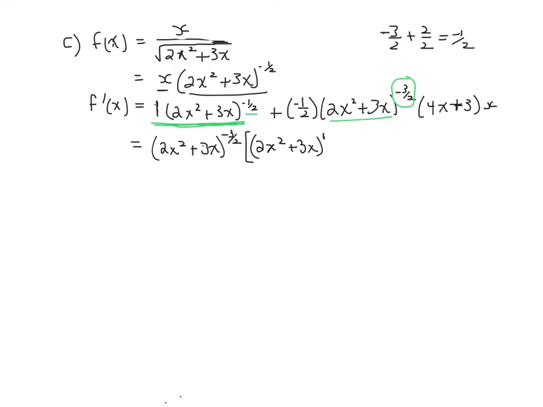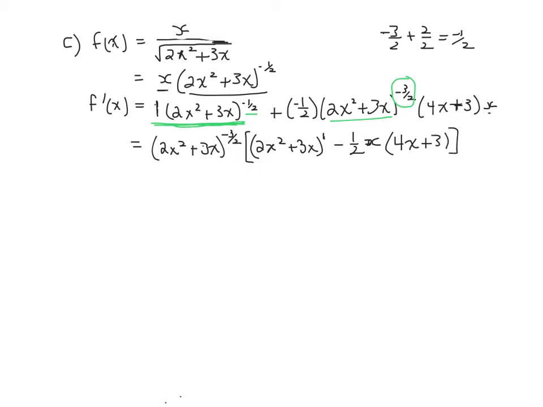All right, for the next part, I'm going to have a negative a half. I'm also going to pull that monomial x to the front with that. My factor of (2x squared plus 3x) all to the exponent negative 3/2 has already been pulled out, and then we just need the factor of 4x plus 3.